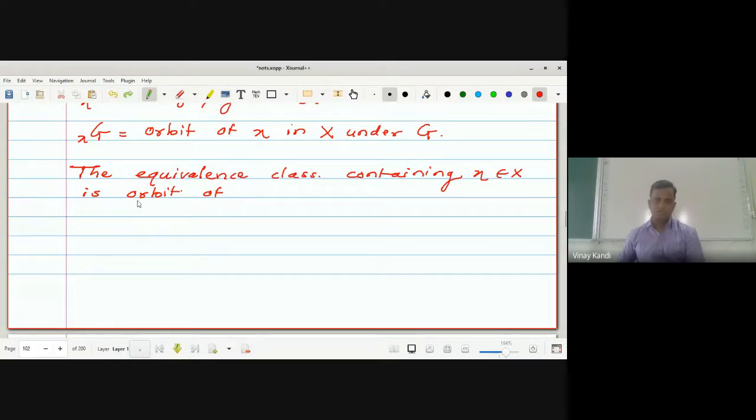Whose orbit is it? The orbit of this x, and we denote it by xg. This is nothing but the orbit of x under G, the orbit of small x in capital X under G. Any doubt?